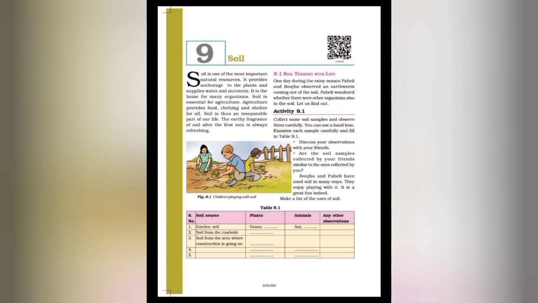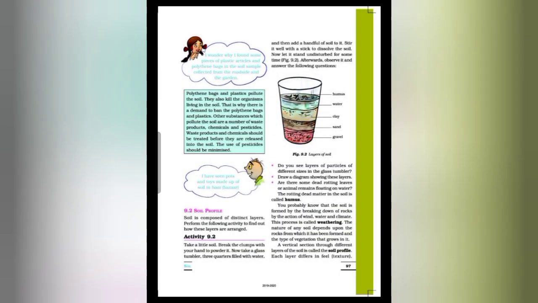As you know, in our previous video we started chapter 9, that is soil. In this chapter we have done how soil is formed, and we know that soil is formed by the process of weathering of rocks. Now we know what weathering of rocks is.